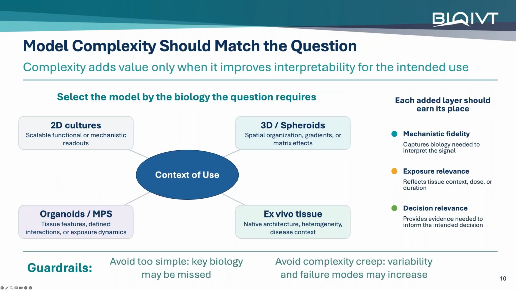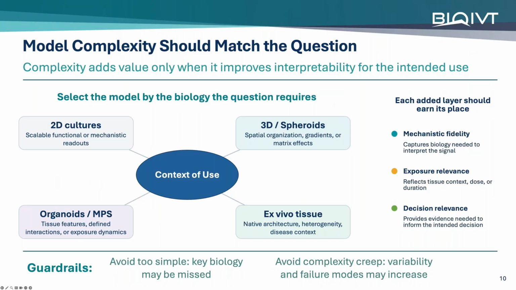A 2D culture may be ideal where we need a scalable functional or mechanistic measurement with relatively tight experimental control. And a 3D model system can add features such as spatial organization, gradients, matrix effects, and other aspects of the tissue. Organoids and MPS formats may allow us to reproduce tissue features, define cell-cell interactions, or exposure dynamics that are difficult to capture in 2D systems.